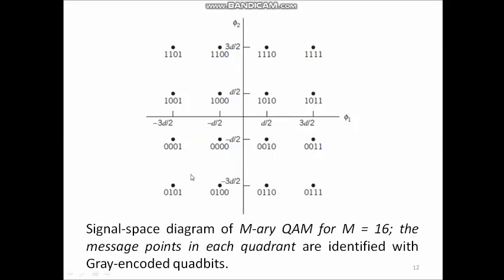So this is the square constellation of quadrature amplitude modulation, which is modulated with respect to both phase and amplitude. So different amplitudes are shown here. See here, it is d by 2, 3d by 2, minus d by 2, minus 3d by 2. So amplitude is changed. Also points are located in different quadrants, so phase is also changed. Therefore it is hybrid modulation where both amplitude and phase are changed.